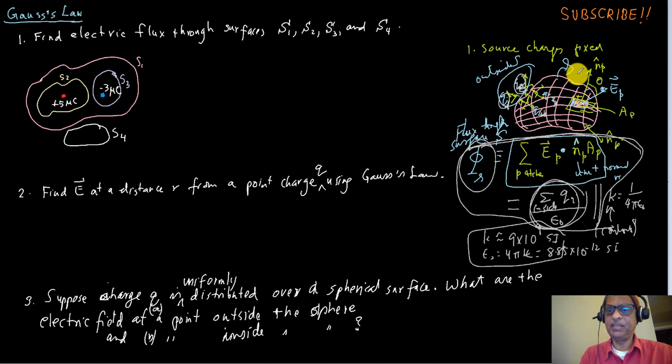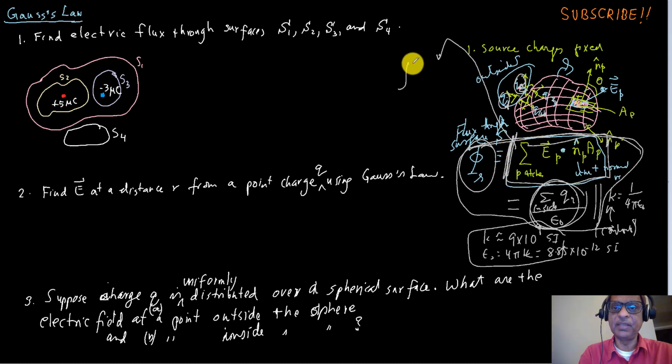If the patches are very small, you can write this sum as an integral. It will be an integral over a closed surface, usually written like that, closed surface S, and it's going to be a double integral because it's on a surface, of E dot n hat dA.